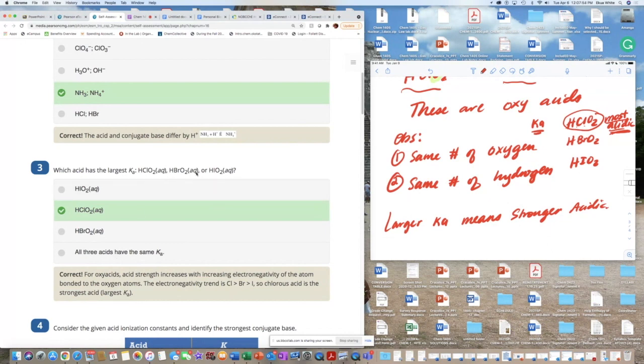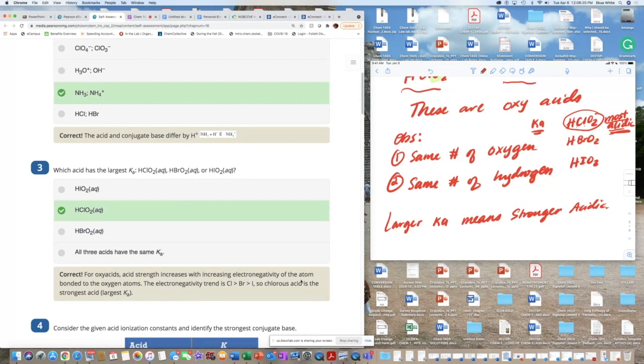First of all, judge these as oxy acids because they have oxygen here, here, here. You're learning observing skills, right? Like, okay, why do they all have the same number of oxygens? Why do they all have the same number of hydrogens? And we're told here the acid strength increases with increasing electronegativity of the central atom that's bonded to the oxygens. And they show you all the stuff, right?